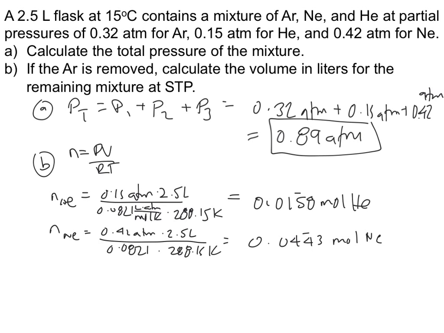Now we've removed the argon, so we don't care about the argon anymore. But what they're asking us now is the new volume of the container at STP. So what we're going to do is sum together these two values, and utilize the relationship between volume and the number of moles at STP.